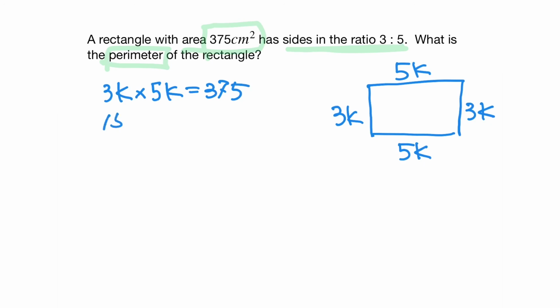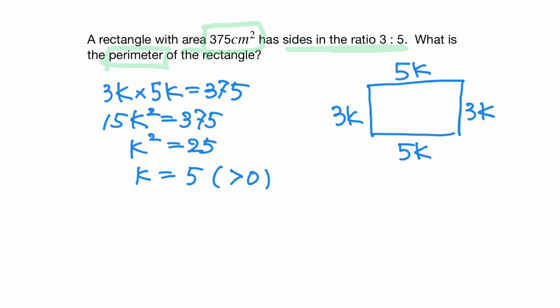That is 15k squared equals 375. K squared is 25. K is positive, so k equals 5. Positive 5, not negative 5.